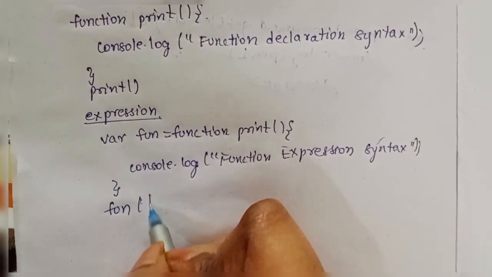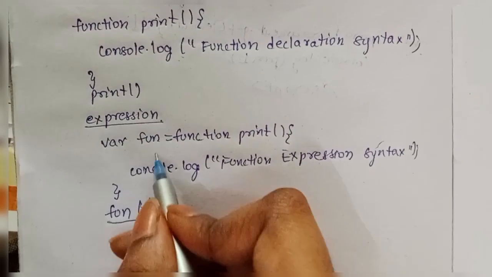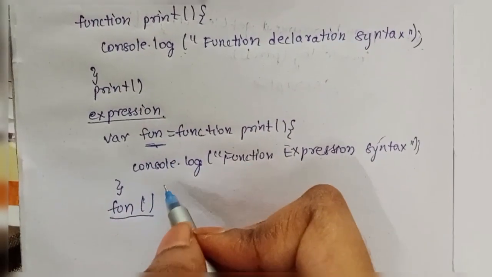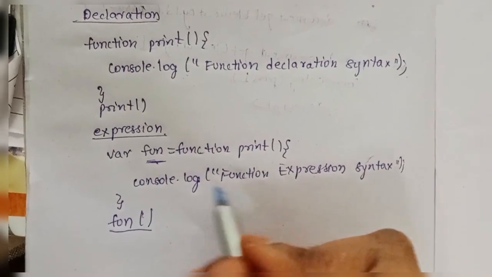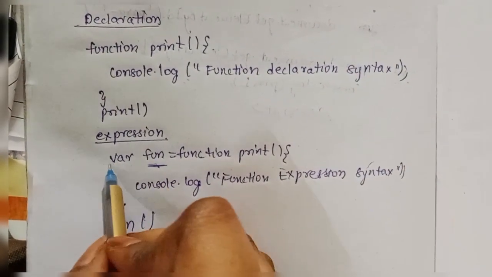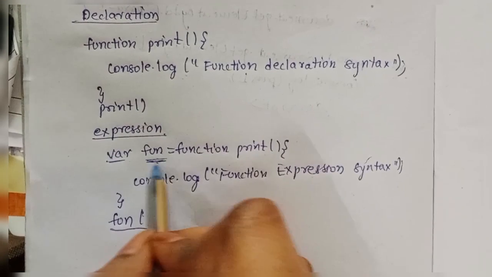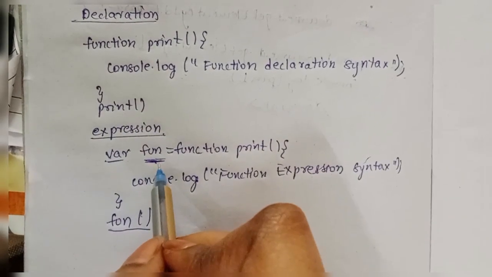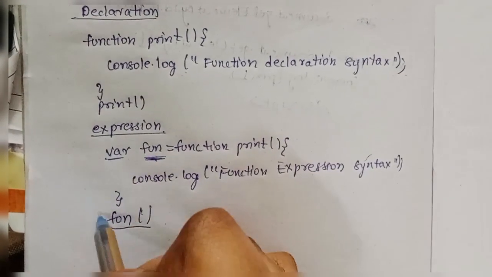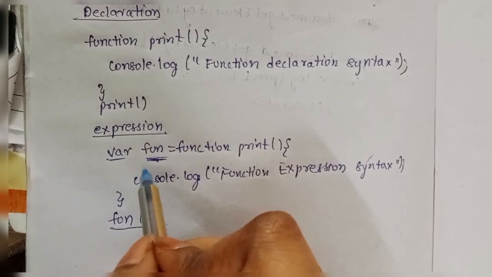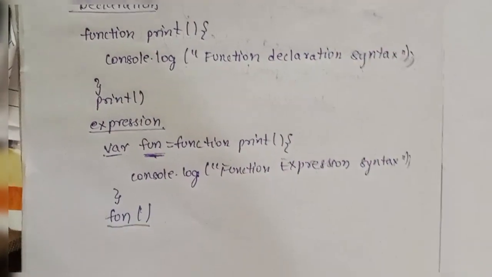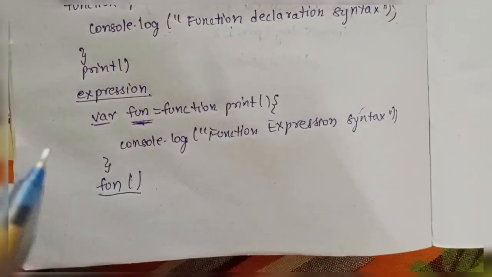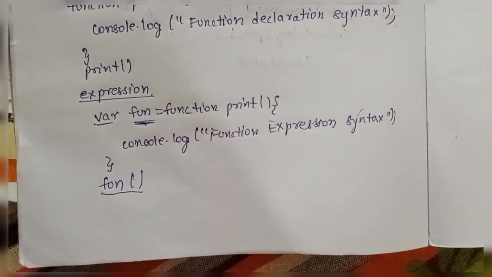We call this one by calling fun. Both perform the same, but the real difference is that we are assigning it to this word fun, which is called a function, and we are calling it. The main purpose is that it calls this block of code, I mean these lines, and these lines will be executed one after the other.